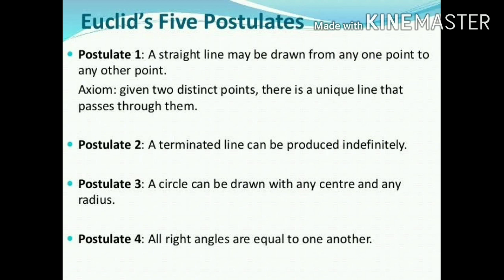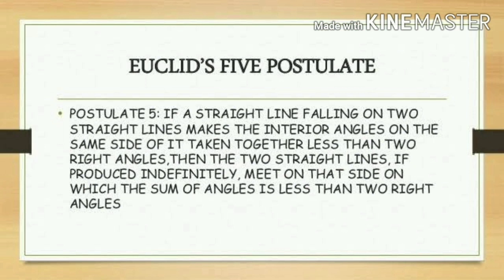The fourth postulate states that all right angles are congruent. That means they are equal to one another. Euclid's fifth postulate is also called as the parallel postulate.